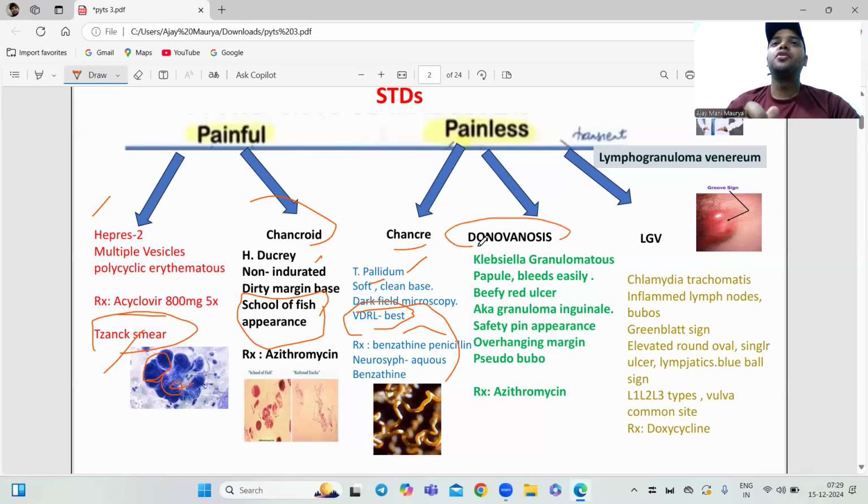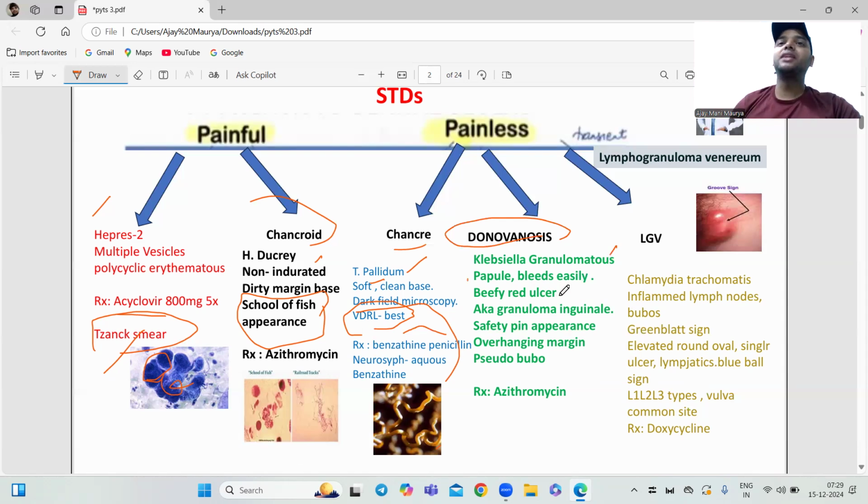Then next one is donovanosis. It is caused by Klebsiella granulomatis. It shows papules. You have to remember that it bleeds easily, and there is a beefy red ulcer.